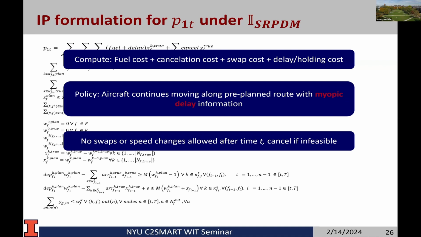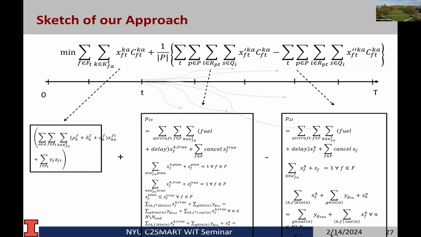Everybody knows stochastic programming, two-stage stochastic programming, for instance. It looks like that. So here's my original problem, plus I've got these penalty functions written as integer programs as a subset of these integer programs. So we've got a nested integer program at each decision point.